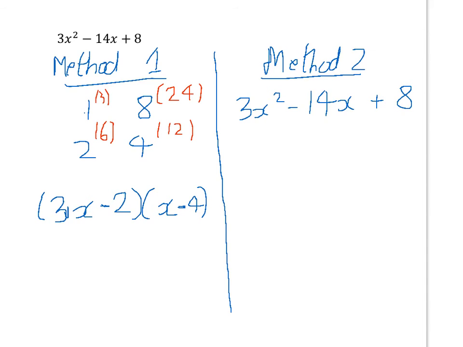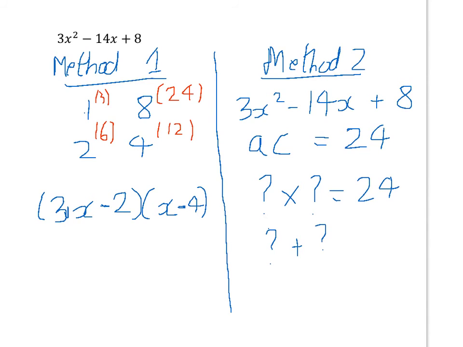So basically you're doing the a times the c, so that is 24. And secondly, you need two numbers that add up to make minus 14. So we're doing a question mark times a question mark gives us 24, and also a question mark add a question mark equals minus 14.